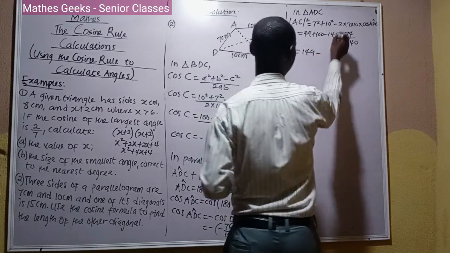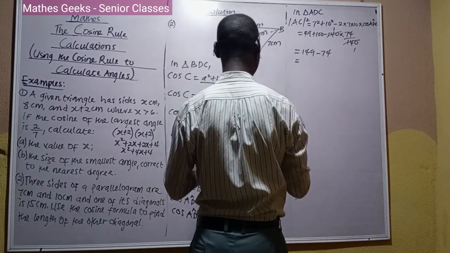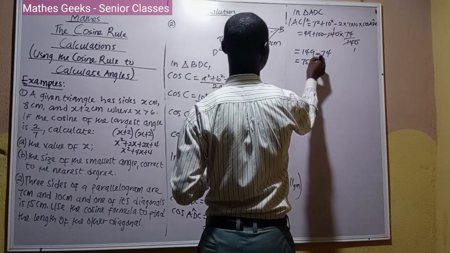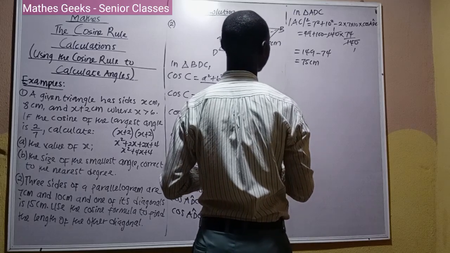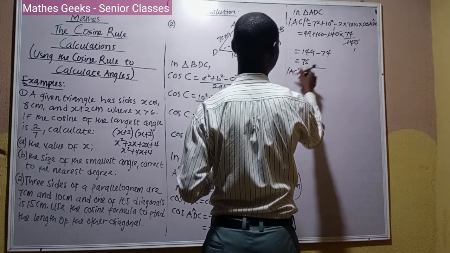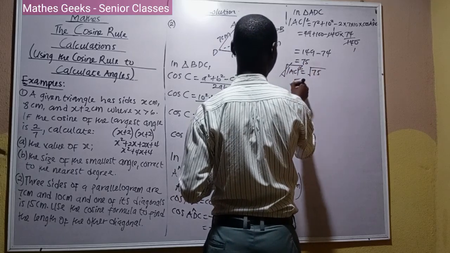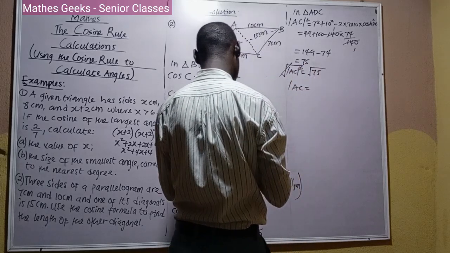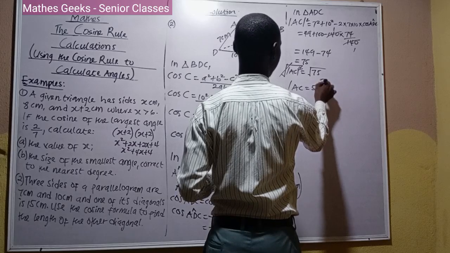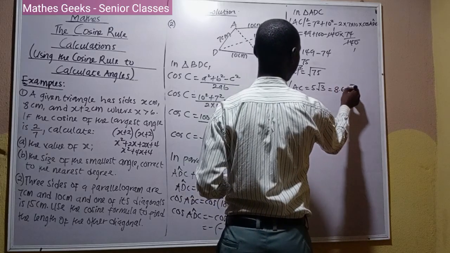So this will give us 149 minus, 140 here, 140 here, so 74... Our answer is 149 minus 74, that's 75 centimeters squared. So AC is equal to the square root of 75, which is 5 root 3, and that's also equal to 8.660.